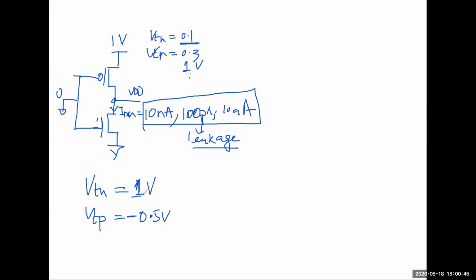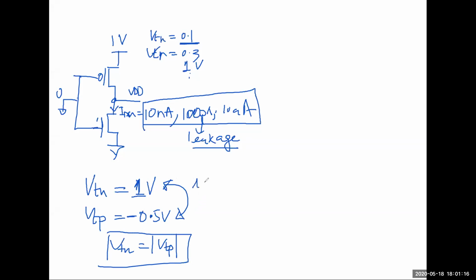All the calculation I showed you was actually assuming that VTN is equal to the mod of VTP. That's why all your W over L sizing was based on how to get it in the middle. But if you have this asymmetric one, then how would you change your VIL and VIH, and which direction, how would you size it? So think about that as well, and how your characteristics will change.